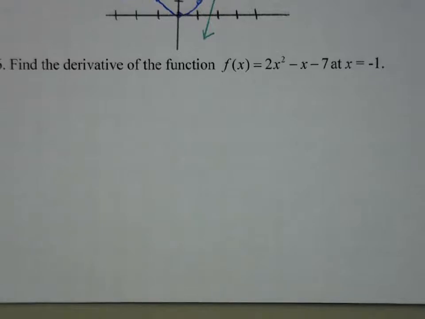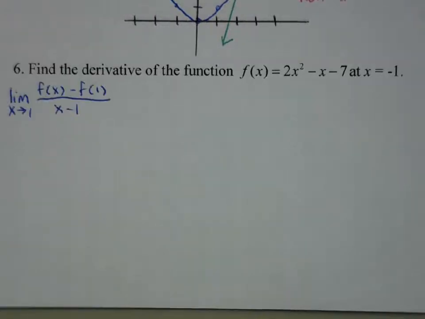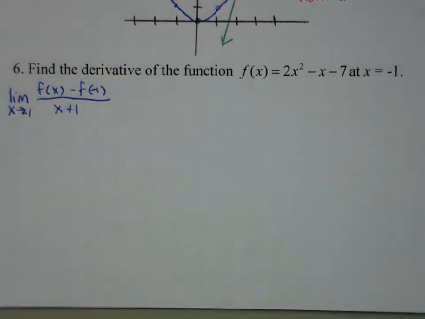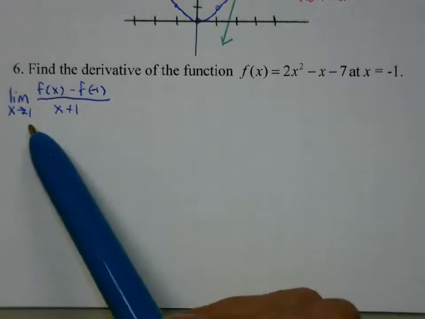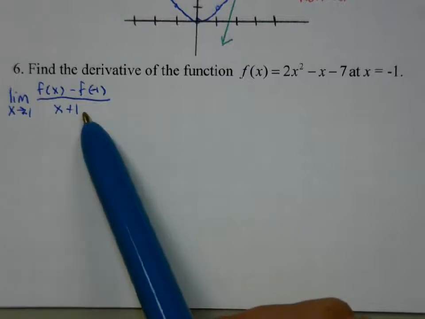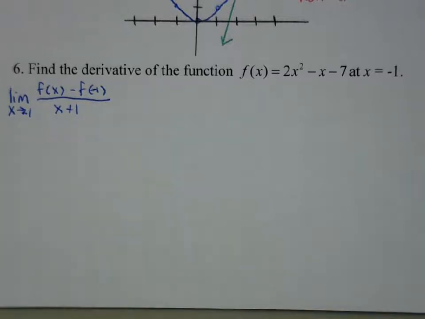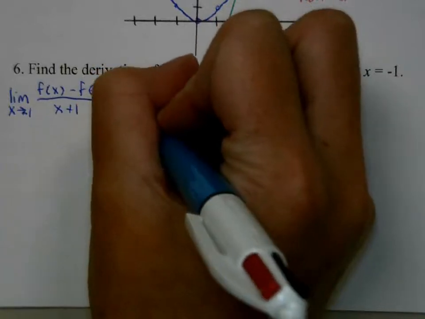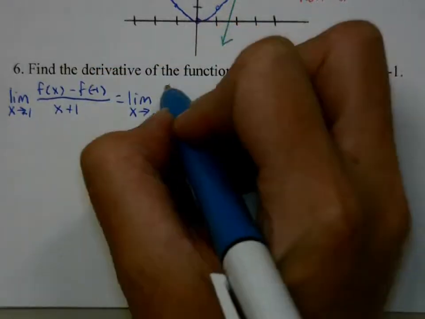Okay, our first definition, we're going to use negative 1. So the limit as x goes to negative 1 of f of x minus f of negative 1 over x minus negative 1, which would be x plus 1. So f of x is 2x squared minus x minus 7 minus f of negative 1.